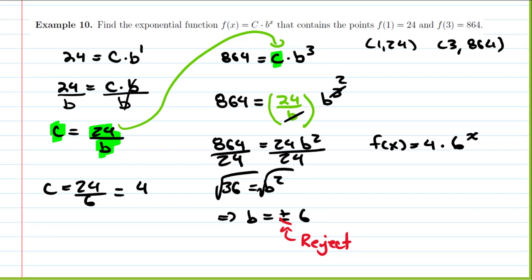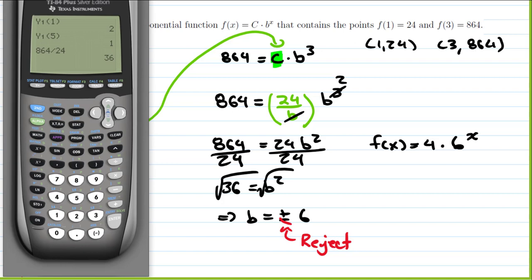So we can also do this on our graphing calculator. This is just an example of a regression. So if we press stat on our calculator, when we go to edit, we can put in our two ordered pairs. So our inputs are 1 and 3. The corresponding outputs are 24 and 864.